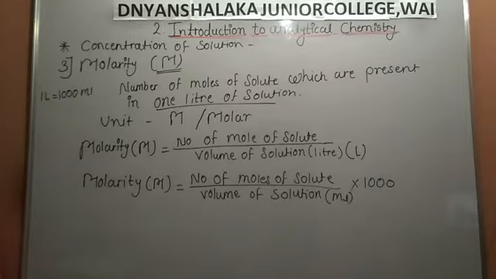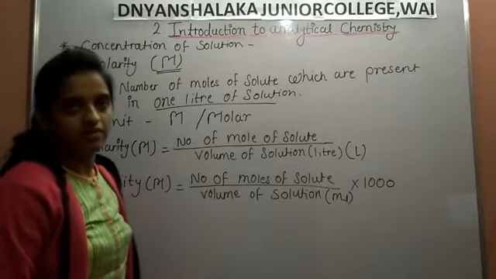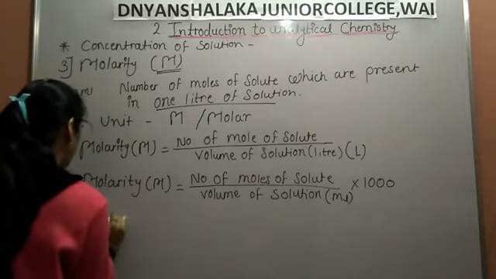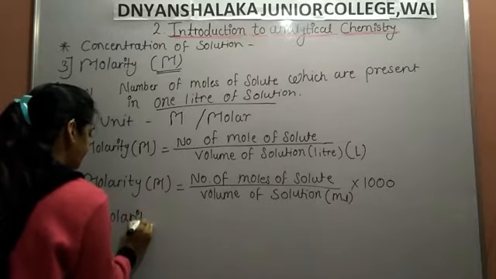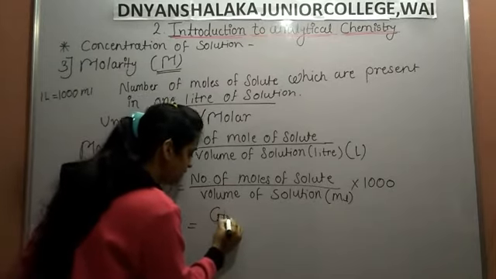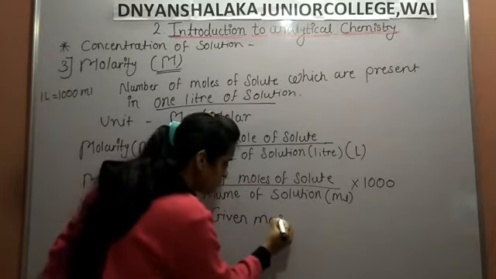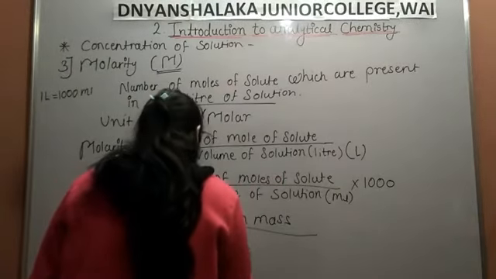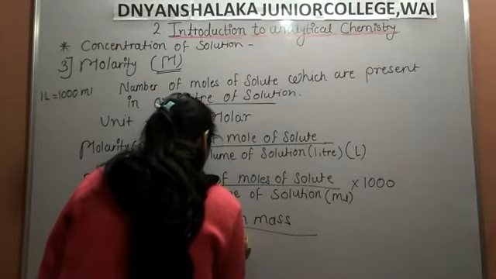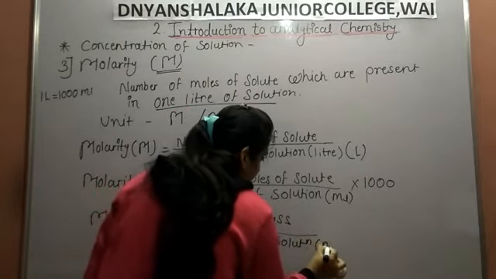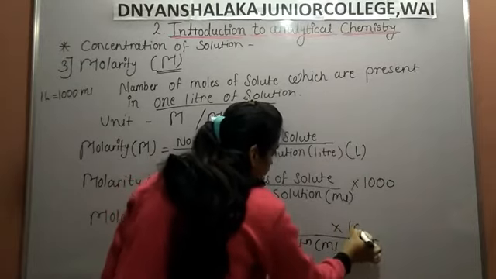Suppose the mass is given in the question and we have to find the molarity. The third formula: molarity, capital M, equals given mass upon volume of solution in milliliter, and divide into 1000.